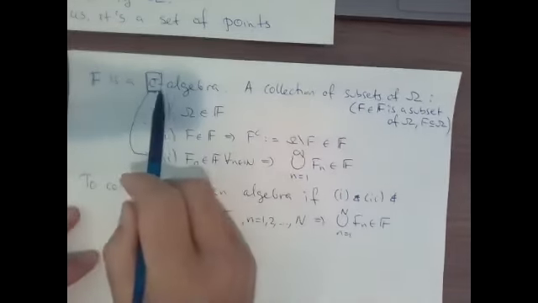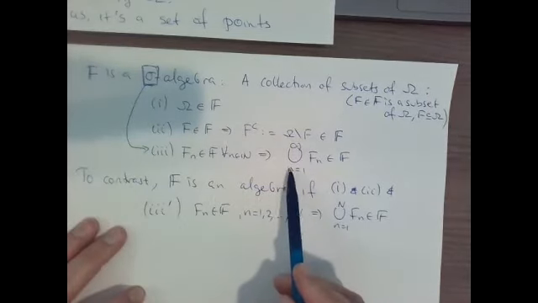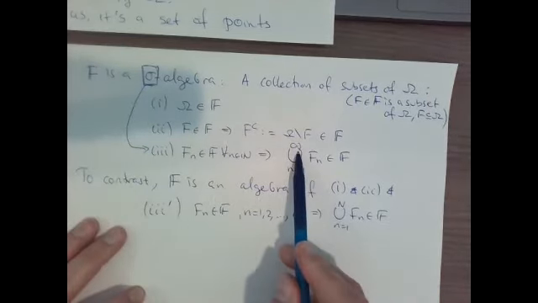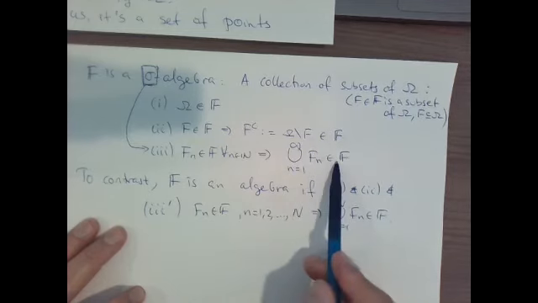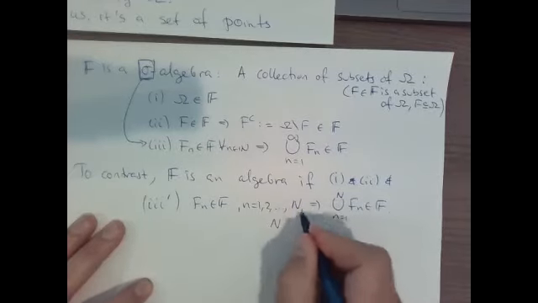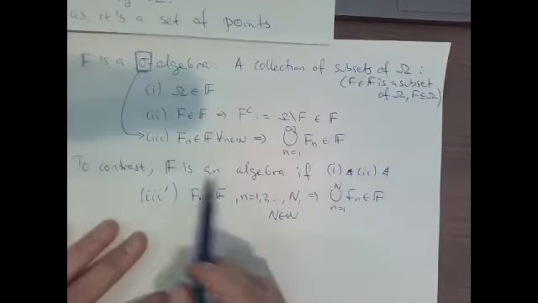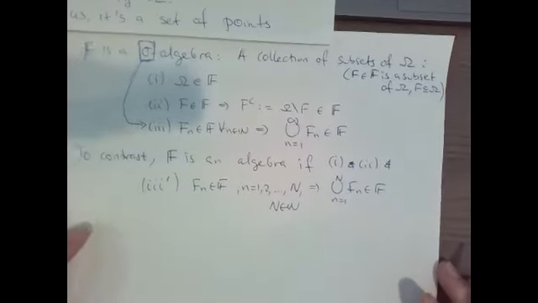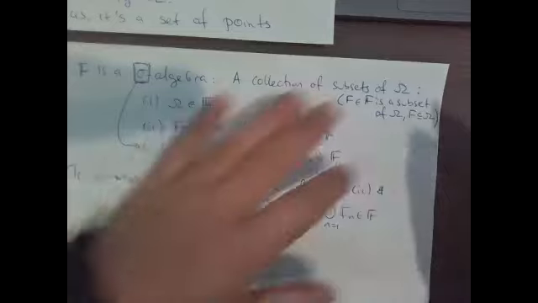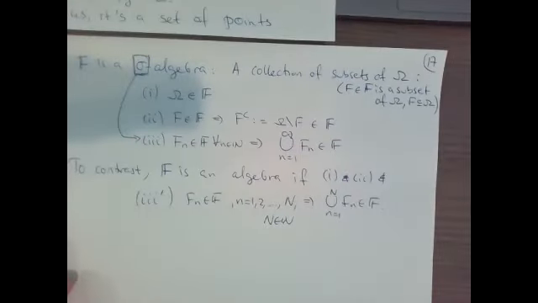So the word sigma refers to being able to go from 1 to infinity, take a union, and stay inside the sigma algebra. If you can only take finitely many, arbitrary but finitely many, where n is a natural number, and you stay inside, we just call it an algebra. So you get yourself such a collection of sets.